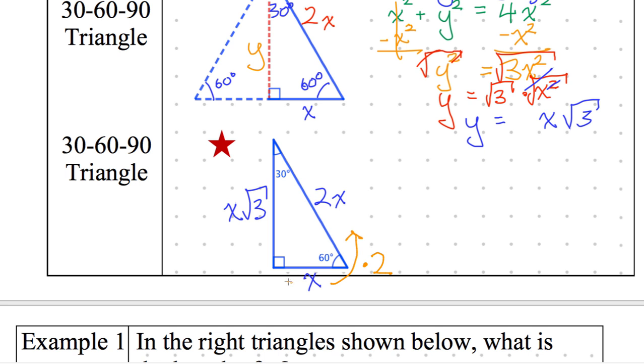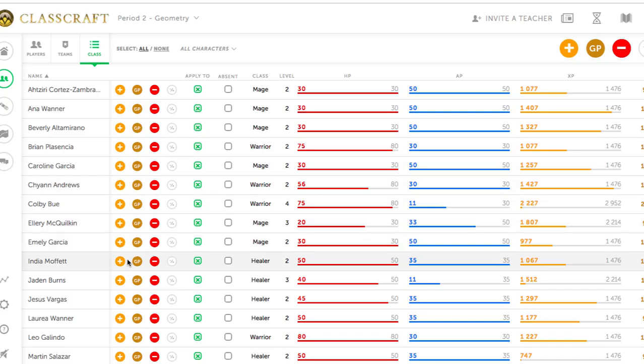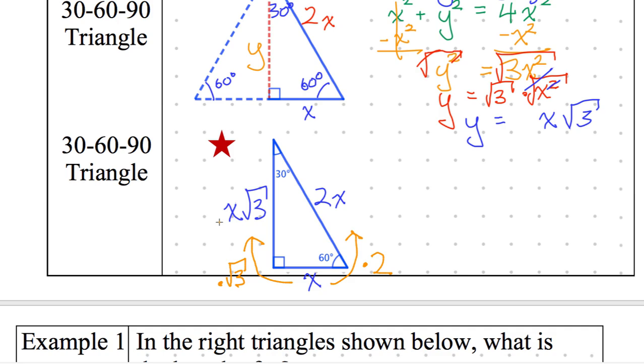In order to get from x to x root 3, though, I needed to multiply by what? Quiet raised hand. Who knows this? India. Yes, exactly. I needed to multiply by square root of 3. Thank you, India. That means if I'm going the opposite direction, if I was going this direction to get from 2x to x, I need to divide by 2.